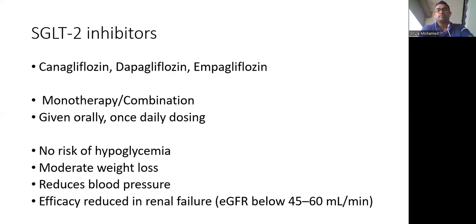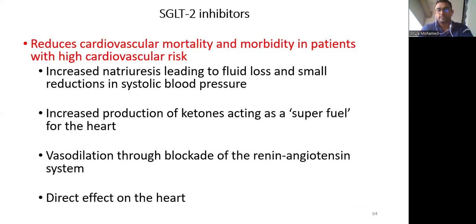Empagliflozin is nowadays a famous drug in the market. I'm not promoting any drugs, but I'm just telling you what is happening around you. These are drugs commonly prescribed by general practitioners. It can be used as monotherapy or in combination, given orally with once daily dosing. No risk of hypoglycemia, moderate weight loss.